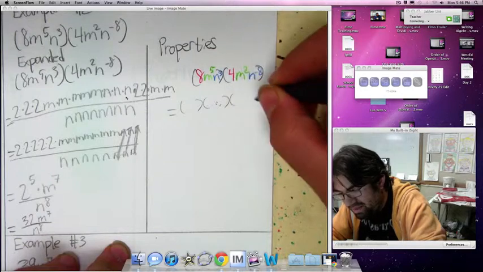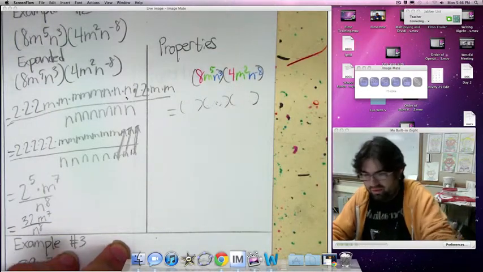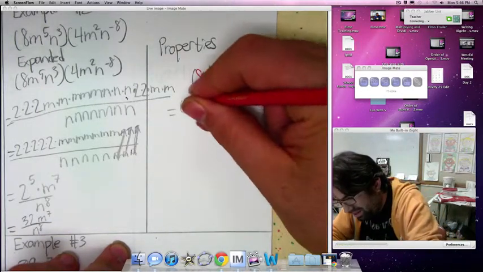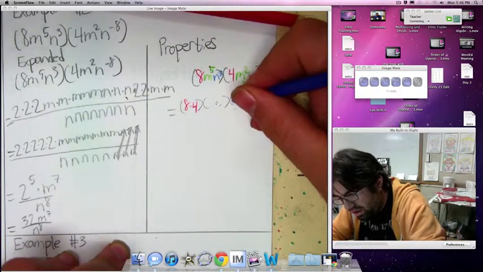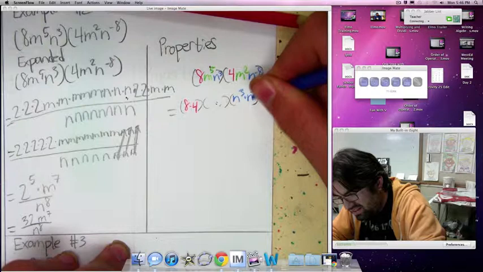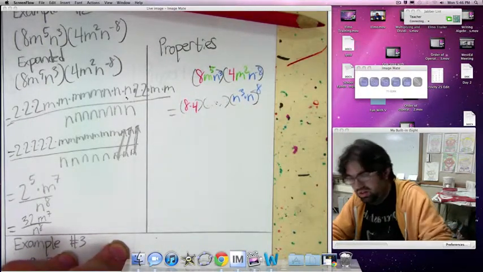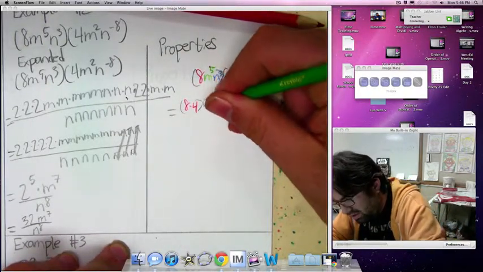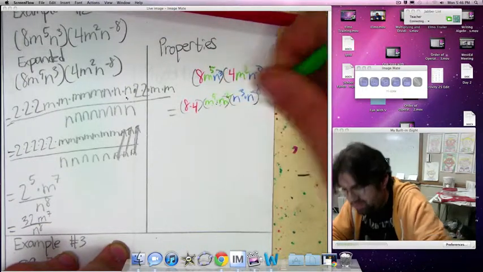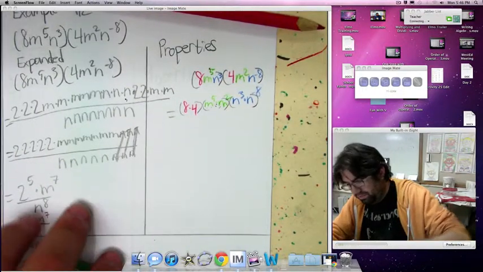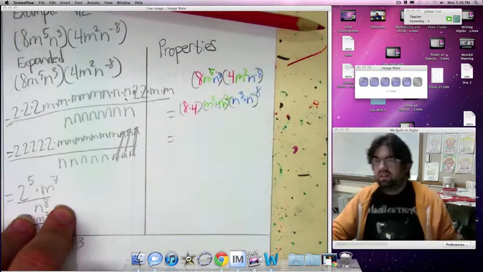Constants m and n, because I have 3 different colors. 8 times 4, n to the 3rd times n to the negative 8th, m to the 5th times m to the 2nd power, equals, let the magic begin.